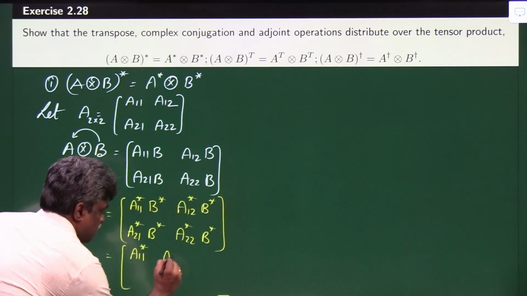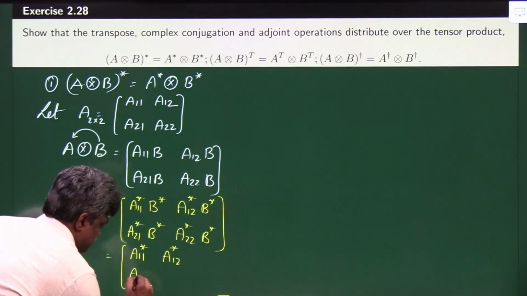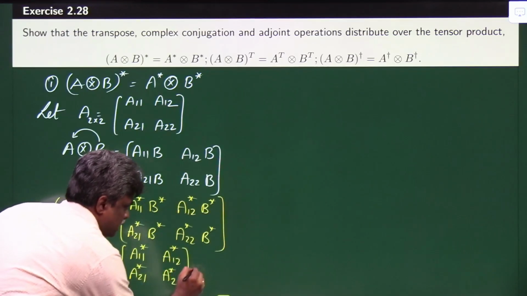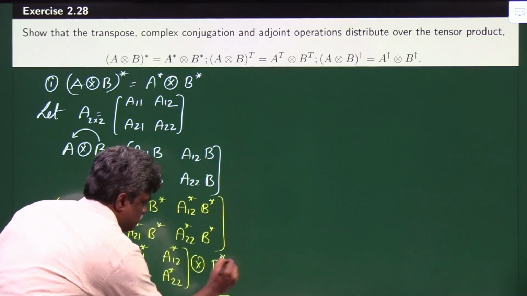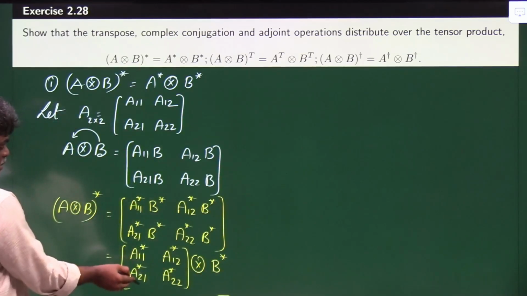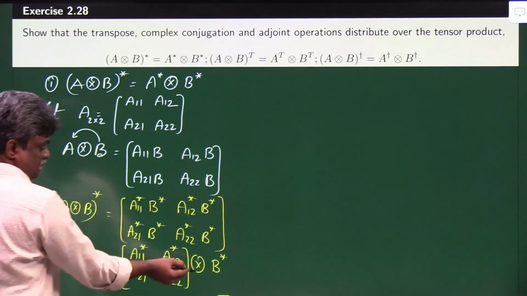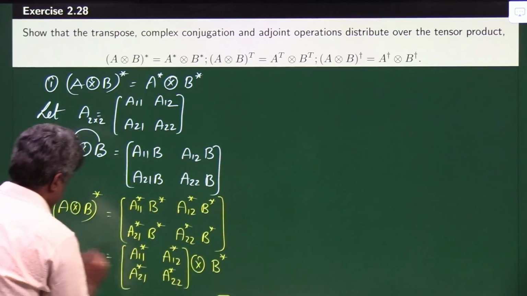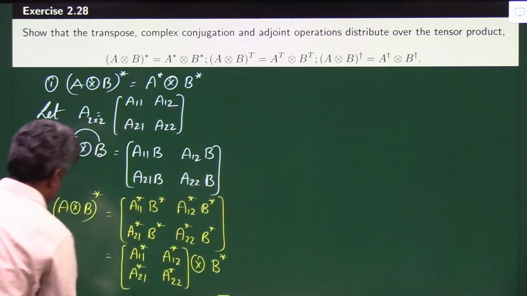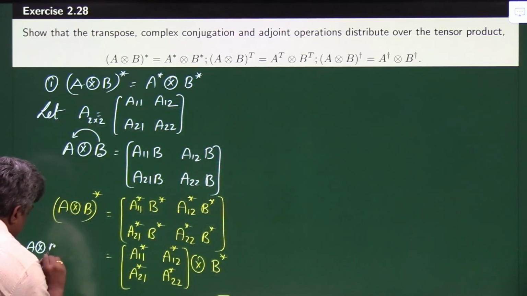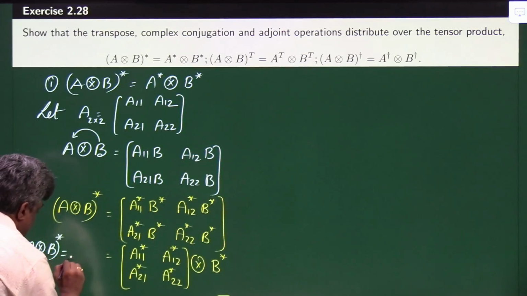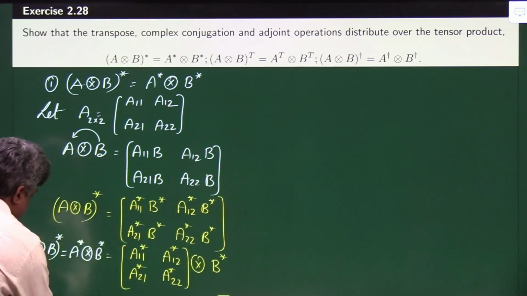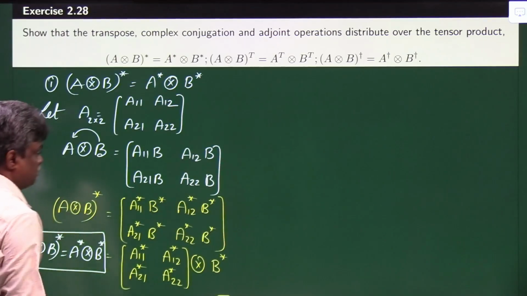A11 star, A12 star, and this is A21 star, and this is A22 star. Tensor product with B star. So no doubt, this is nothing but our matrix A star, tensor B star. So finally, we can say that A tensor B whole conjugate equal to A conjugate tensor product with B conjugate. So this is the rule number 1.